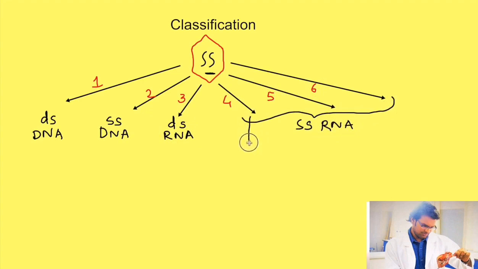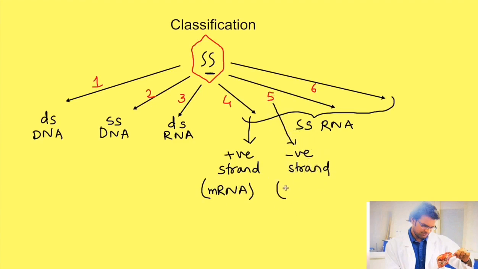In the 4th class, single-stranded RNA viruses have positive strand RNA, that is, RNA same as that of mRNA, which can be directly translated into proteins. In the 5th class, the single-stranded RNA has opposite polarity to that of mRNA.